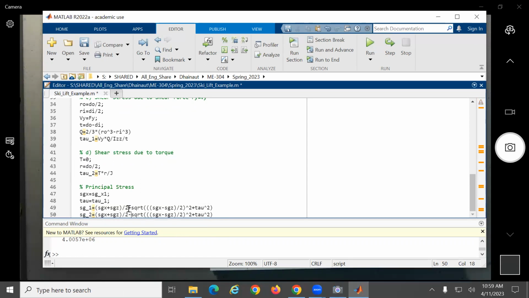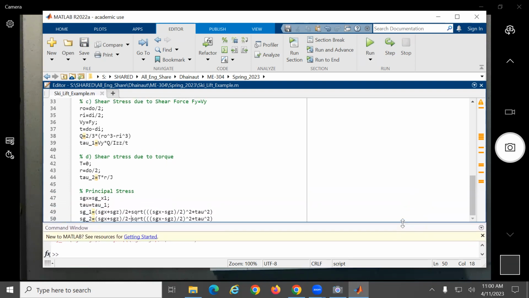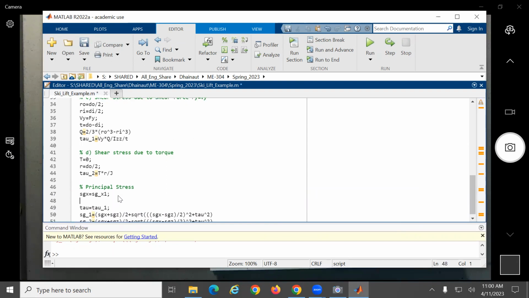Okay, did you do this calculation, guys? If I didn't do anything wrong. Okay, I don't know what is over here. SGZ in our case is 0.